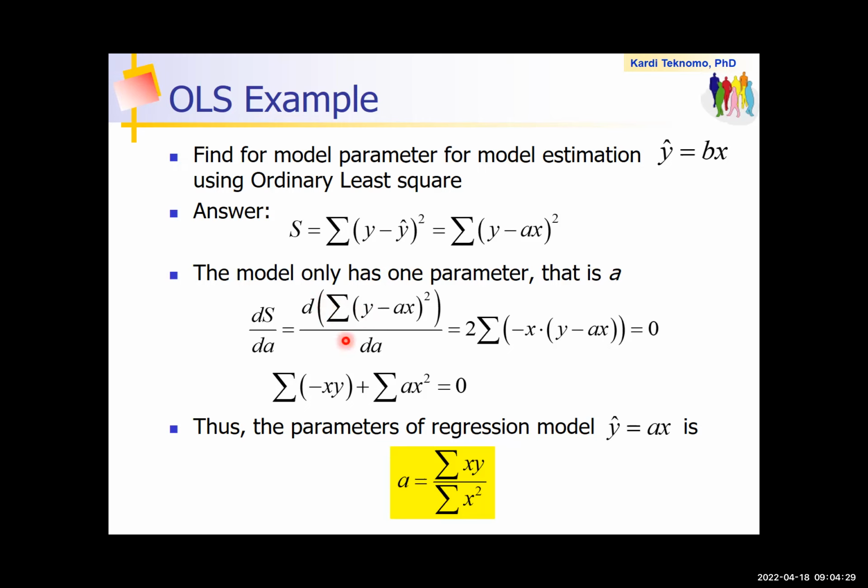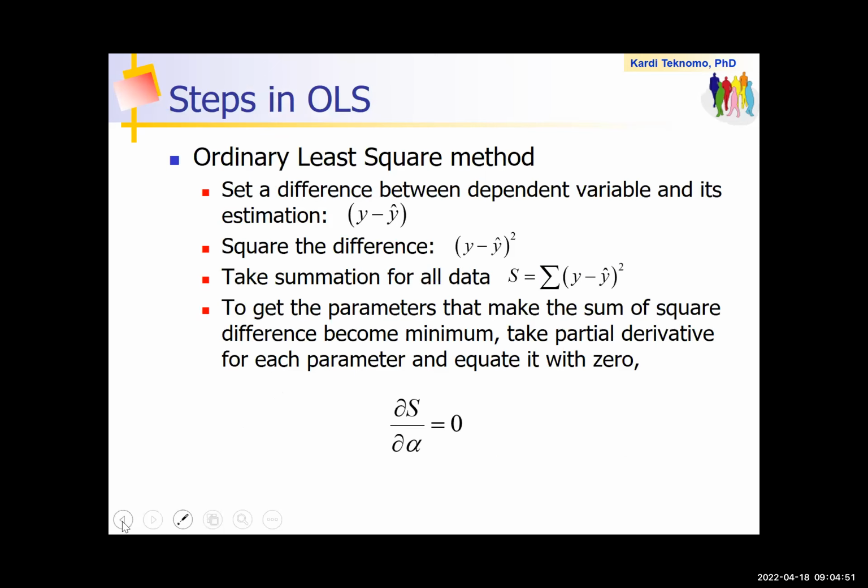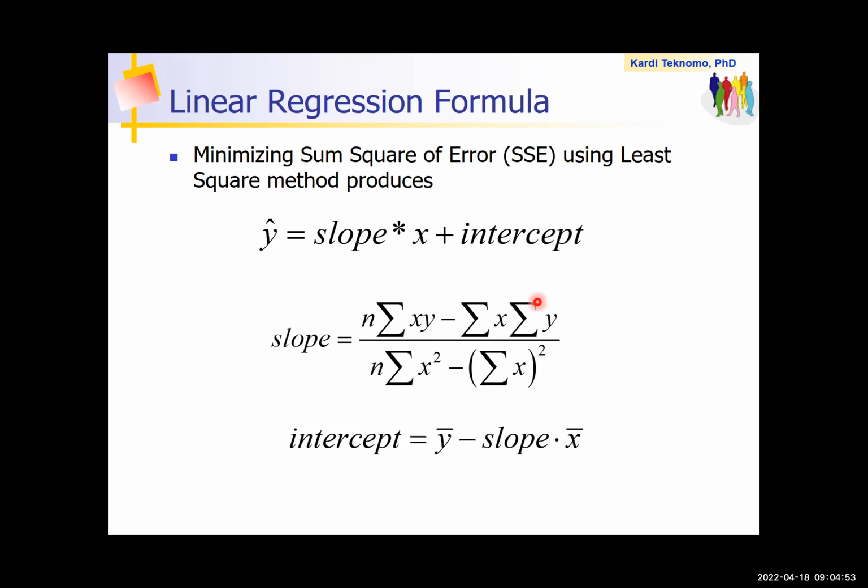So if you take this equal to 0, you have this formula for the slope. Okay, it is different, right, from the one that you just computed a while ago. The derivation for this formula here you can check in my website.